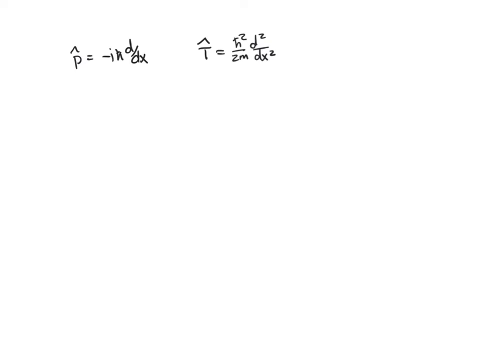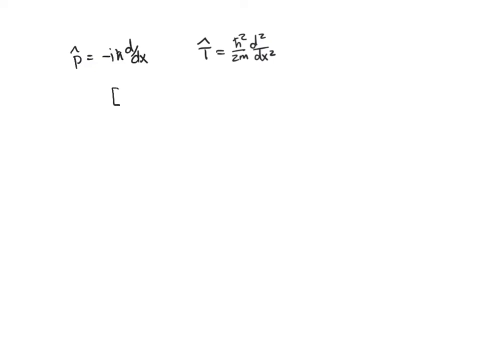If these two operators commute, that means that I can simultaneously know both the kinetic energy and the momentum of my particle, and I don't have to worry about any kind of uncertainty principle. Okay, so how do I do this?